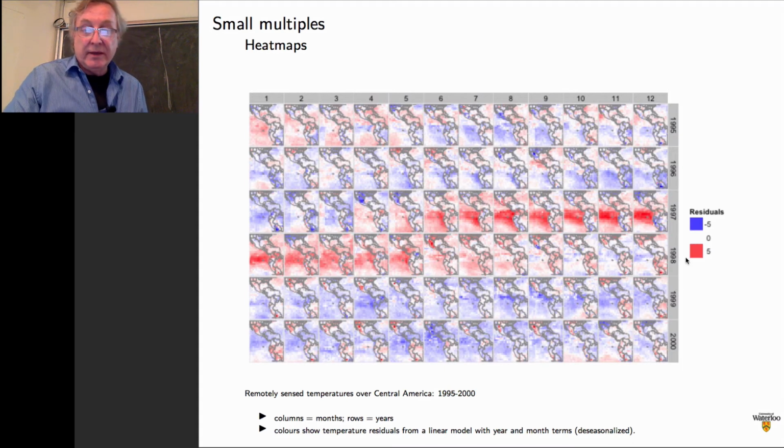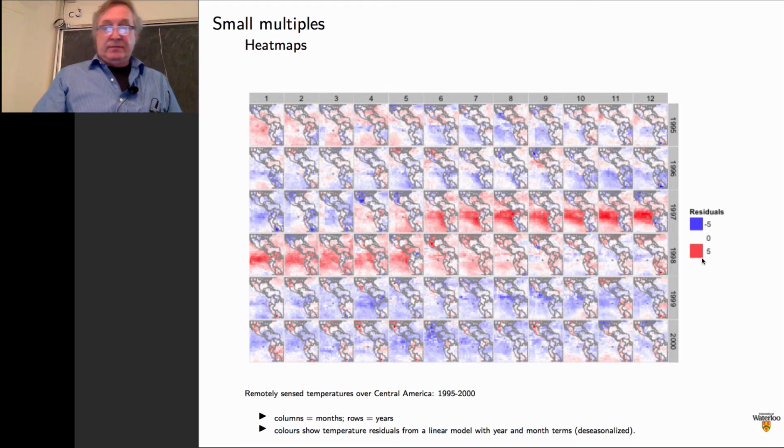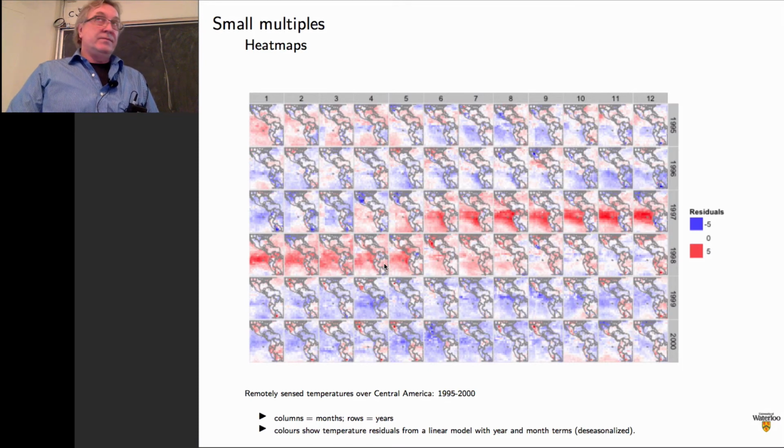On the color scale here, the darker the red, the larger and more positive the residual, meaning it's hotter than the model would suggest, and the blue is lower temperature than the norm. And again, it's not hard to see the El Nino effect, that red temperature appearing just off the coast of South America.